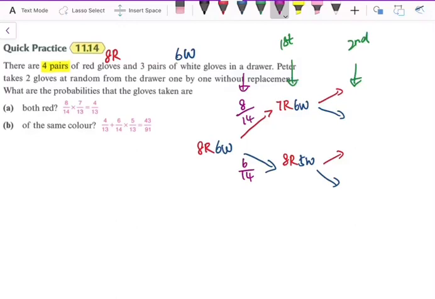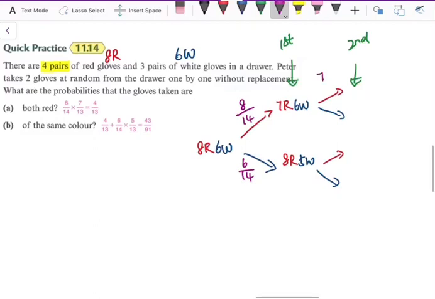It won't, because the second one will be affected by event A, the first one. So this is already a conditional probability, because the second is affected by the first one, remember this. So it won't be 8 out of 14 again, please don't write it down. The second probability will be changed.